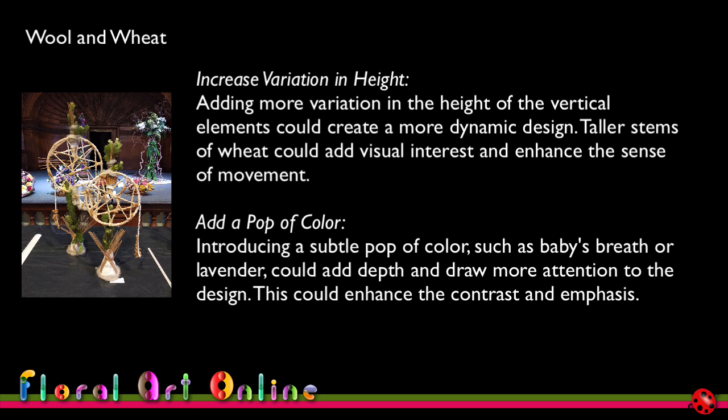Adding more variation in height of the vertical elements could create a more dynamic design. Taller stems of wheat could add visual interest and enhance the sense of movement. And I think that's very true. I think what I've missed out on is having just the plain stems of wheat, and that could have come up higher than the woolly bush on both of those, at the back of both of those circles, and created a higher point.